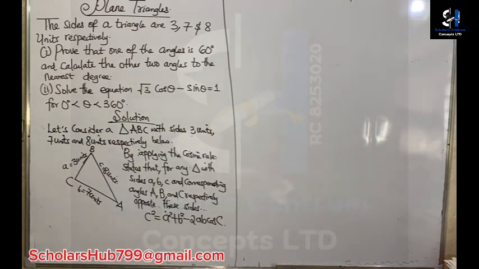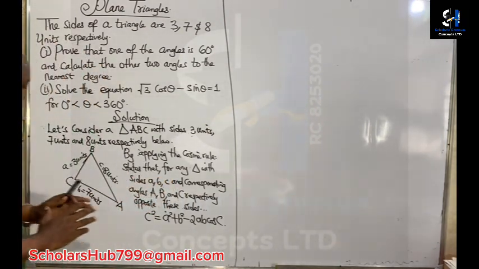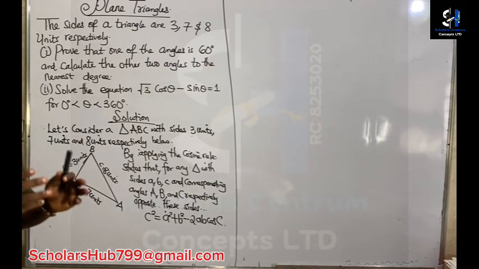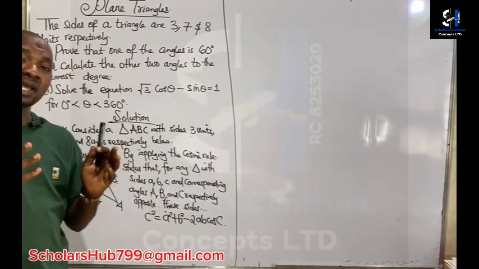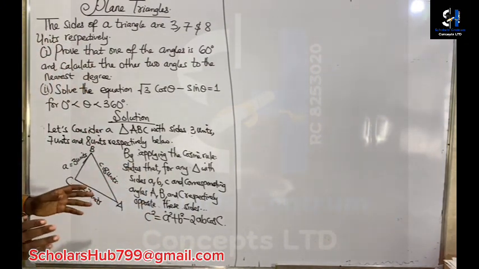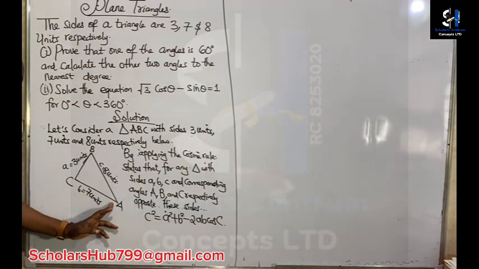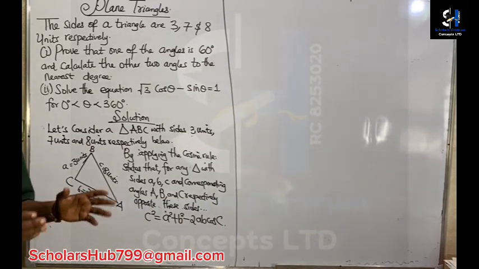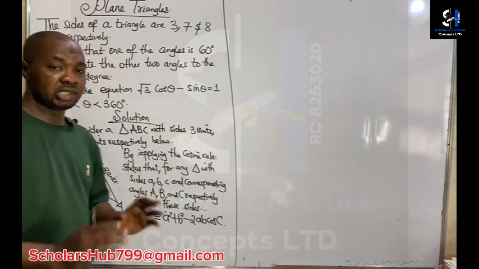360 degrees. Okay, so in this case, we don't know which one of the angles will be exactly 60 degrees, but we can start from somewhere. We can start with angle A. Let's find out whether the angular measure at A will be exactly 60 degrees.